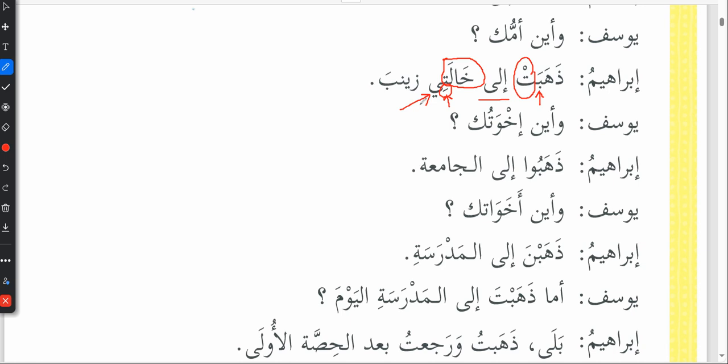Ila khalati Zainaba. So what is the name of khala, means maternal auntie of Ibrahim? Zainab. Why is it with fatha? Because ila khalati Zainab, this is in the majroor case, and that's why, as you know, the feminine nouns are all ghair munsarif.